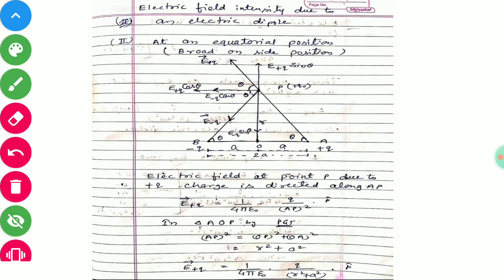So AP square becomes r square plus a square. Now put the value of AP square in the above equation, so our formula becomes 1 by 4 pi epsilon naught into q by r square plus a square into P cap.